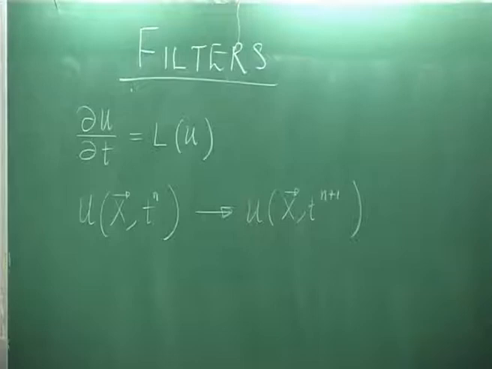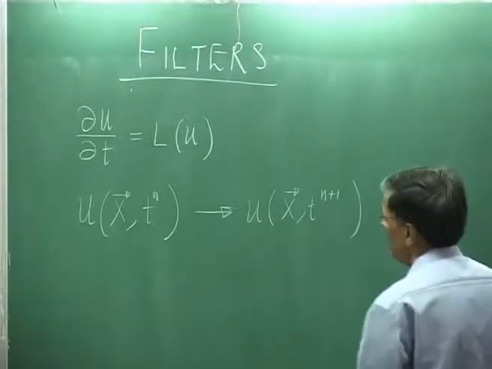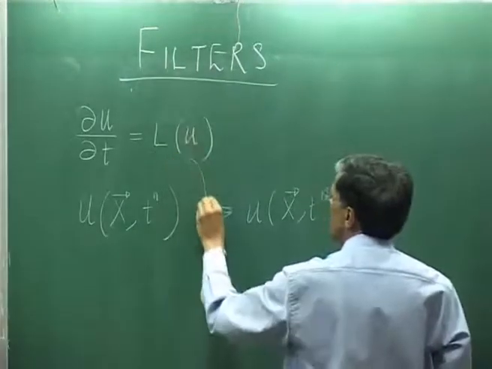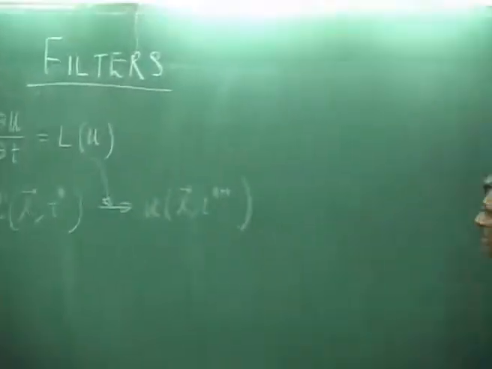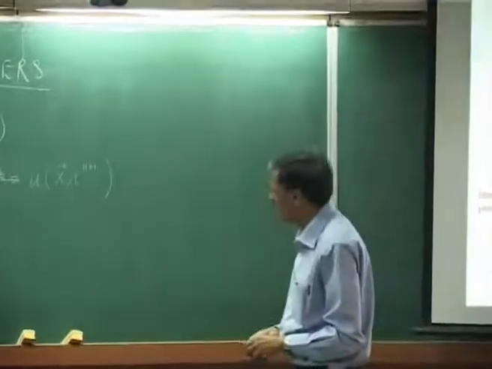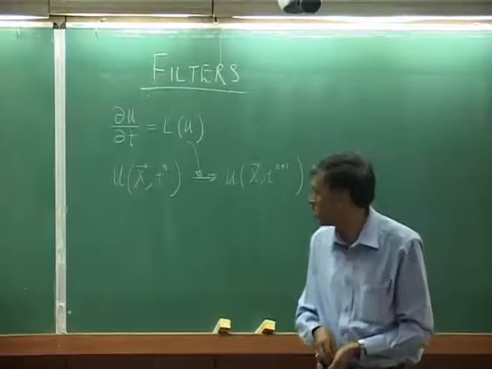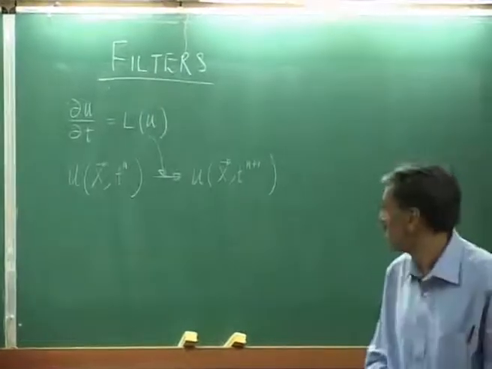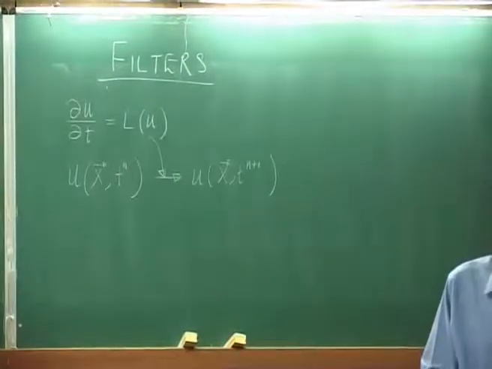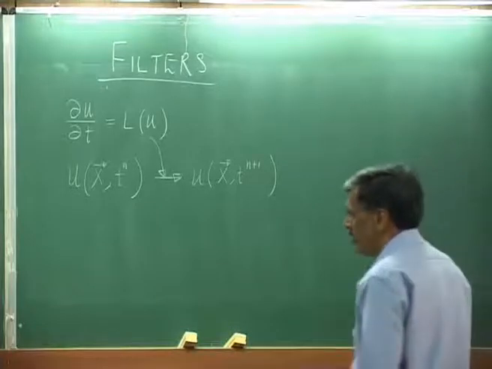So, we actually march in time via some algorithm, and using this equation we arrive at the new time state. It may so happen that this process of direct application of the method on the differential equation may lead to numerical instability, like your assignment.